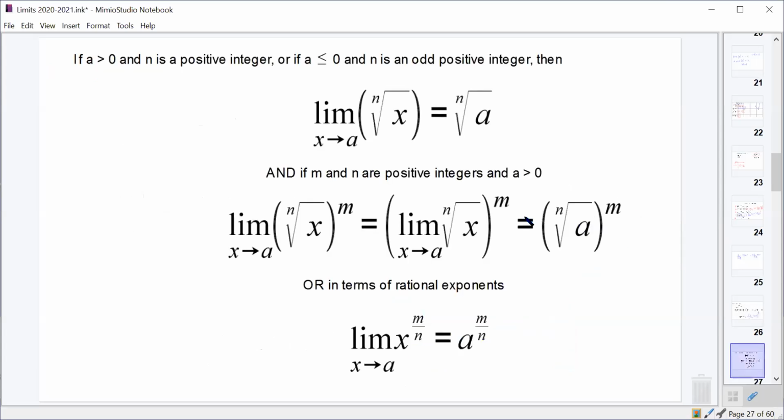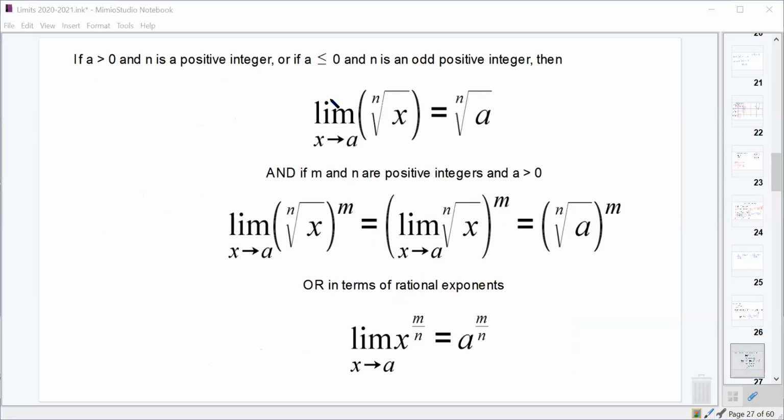Same thing for roots. We can pull the roots outside if we want to. And anytime we have positive integers for our roots, we can just go straight through and evaluate the limits. We don't have to worry about doing anything fancy with them. But we can still pull the powers and the roots out of it.